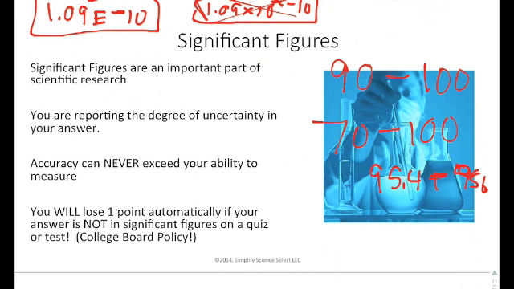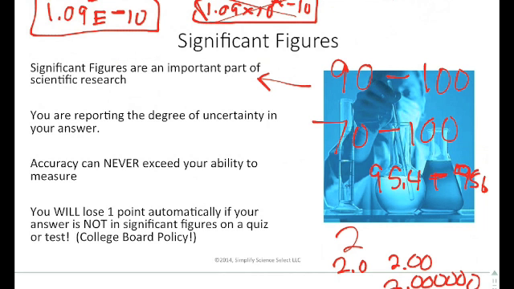If you just put an answer as 2, does that mean it's 2.0? Does that mean it's 2.00? Does that mean it's 2.0000000? Nobody knows what degree of accuracy you used unless you report the significant figures. Because of that, significant figures are always included in scientific research. And this is where it gets really tricky.